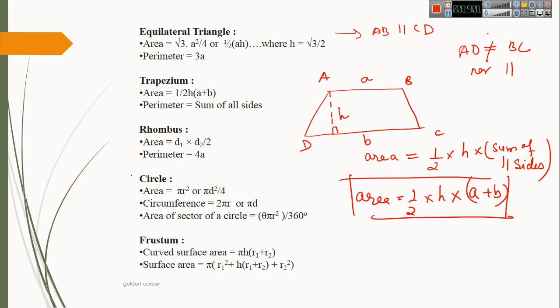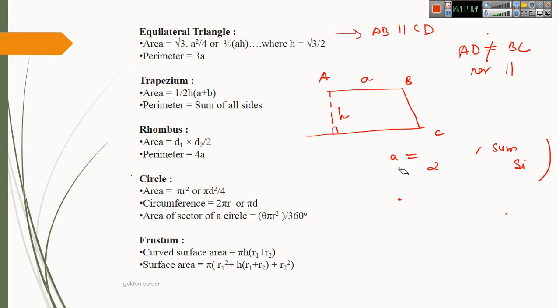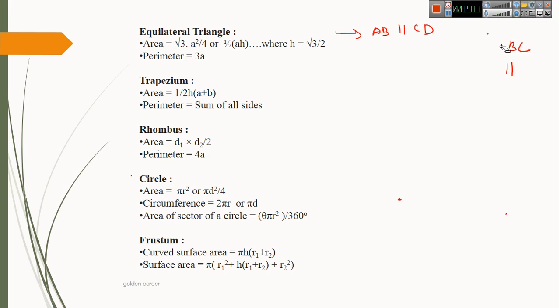Rhombus is a figure which has too much similarity with the square, but there are still some differences between the rhombus and square which can be easily understood.